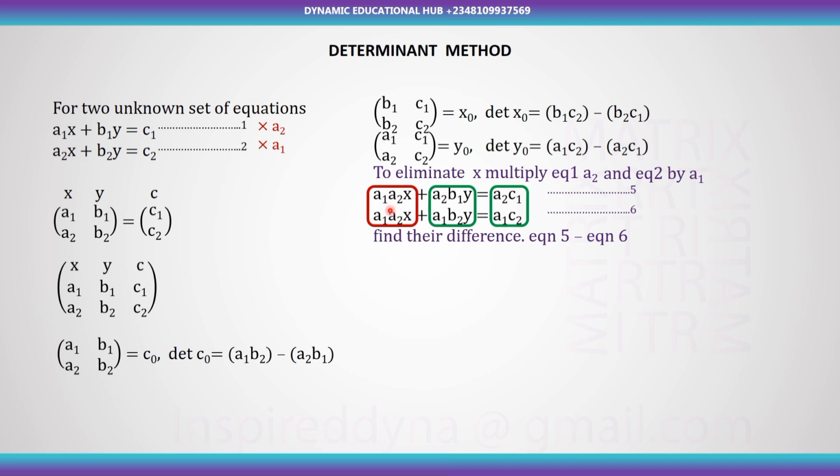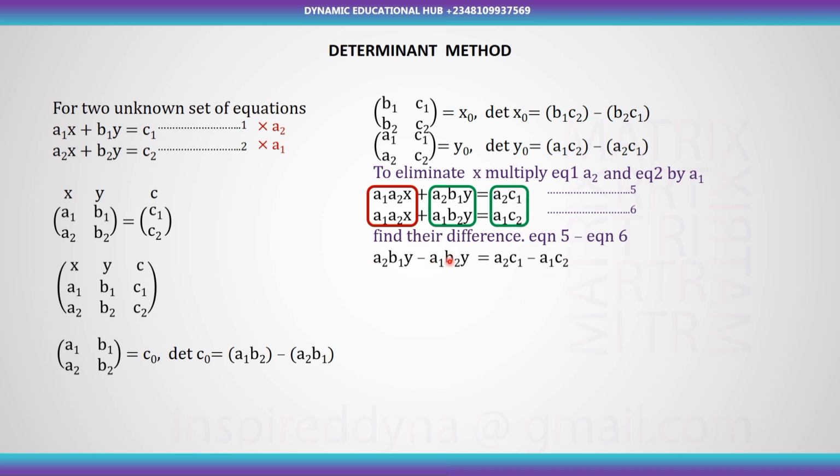This guy is the same, so we are not going to use it again. So we are left with this guy. That will give us a2 b1y minus a1 b2y is equals to a2 c1 minus a1 c2. That is what we have here.